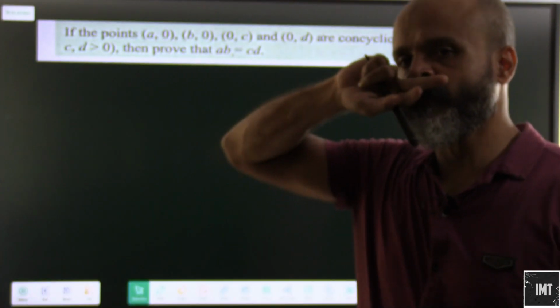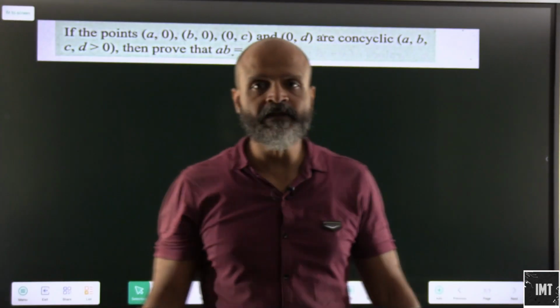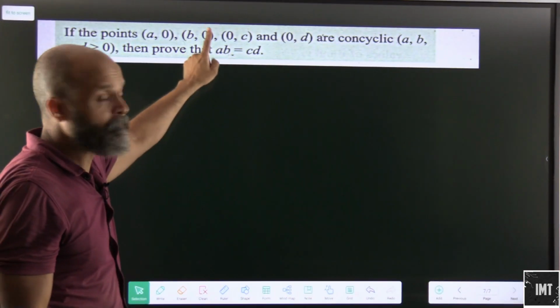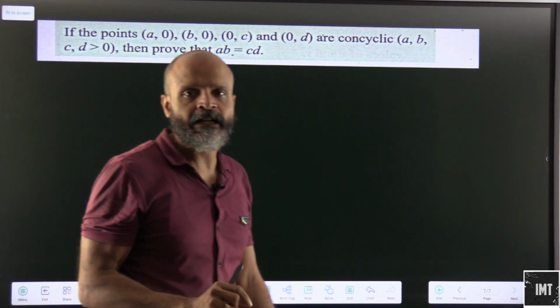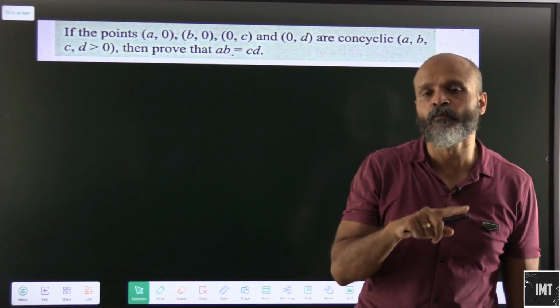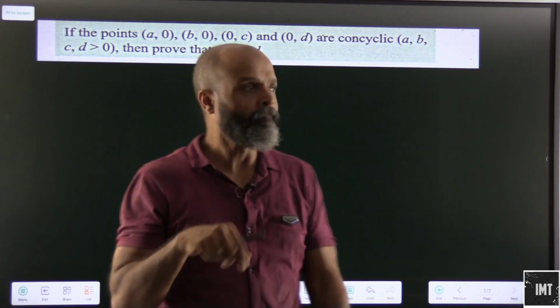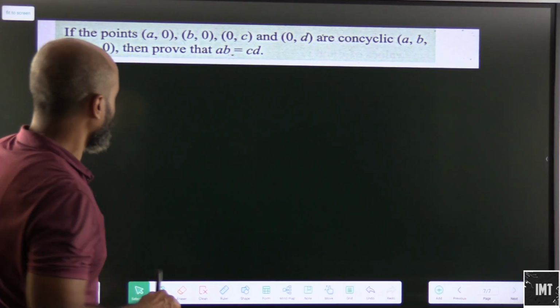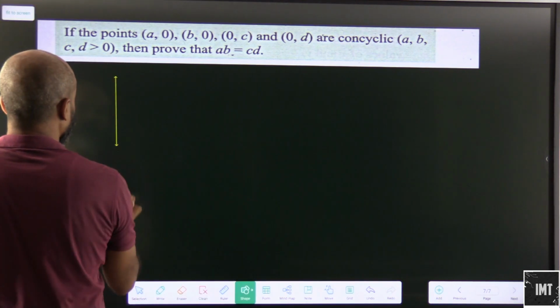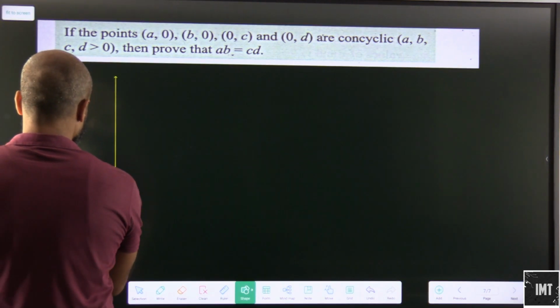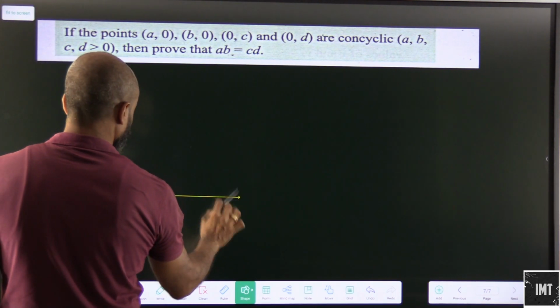So let's look at this question here, which says that if the points (A, 0), (B, 0), (0, C) and (0, D) are concyclic. Concyclic points means that they are going to be a part of a circle. Okay, then prove that AB is equal to CD. So let's have a picturization of what is happening here. So here we have these points.